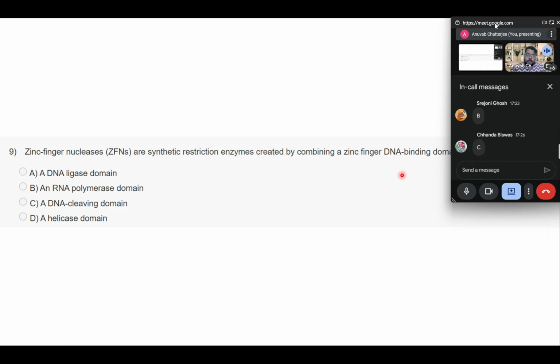So zinc finger nucleases are synthetic restriction enzymes which are what in addition to DNA binding domains.